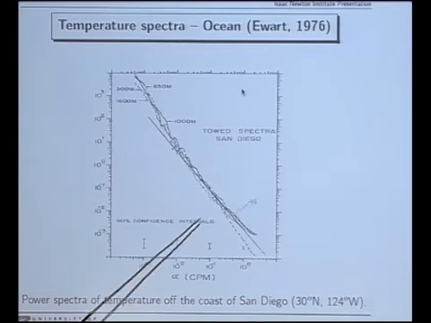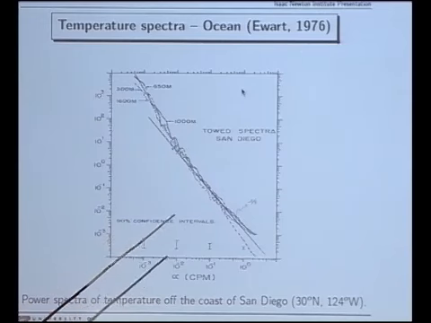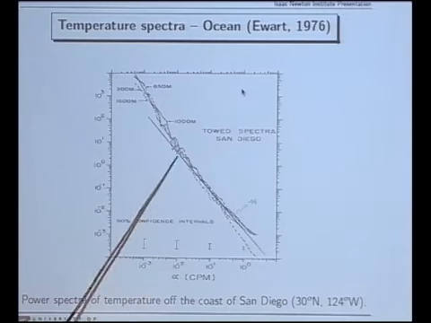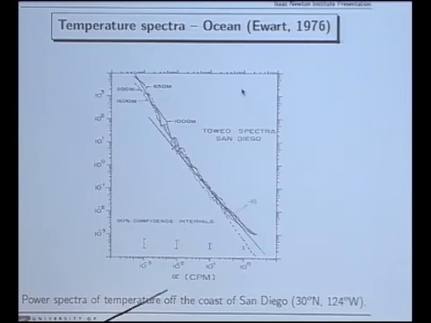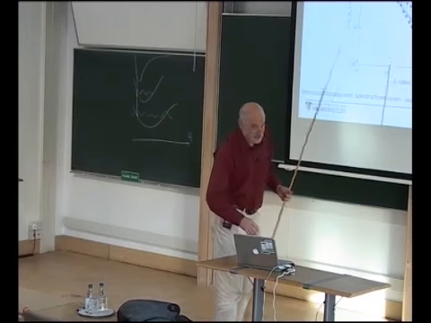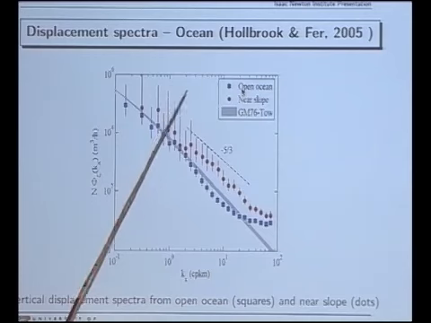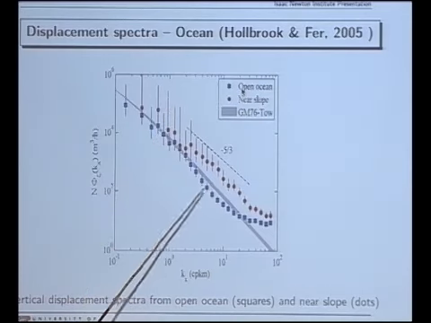But what he didn't look at was this part down here, and he had 15 sets of data at about 5 different places and about 3 different depths. And I think about 12 of that set look pretty much like this. 3 of them don't. But when I draw a minus 5/3 line through these, it doesn't look too bad from about 1 meter up to hundreds of meters. And so the number of these sets of data seem to indicate, well, maybe that's the case.